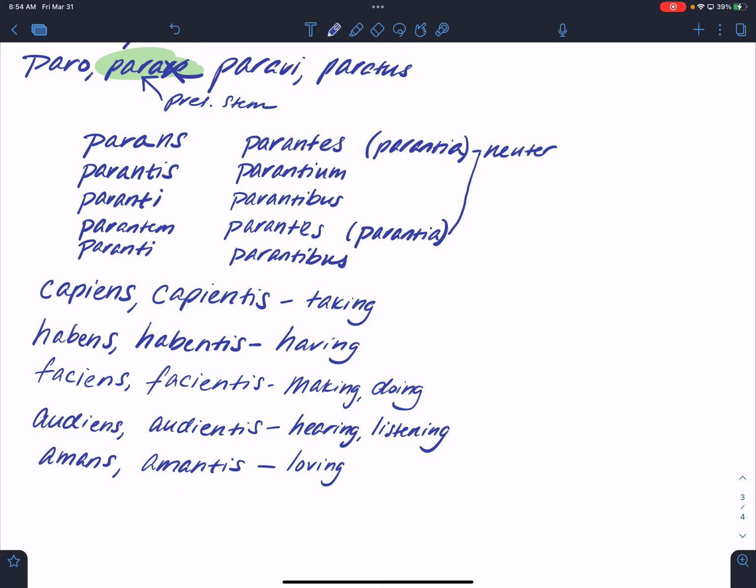Those are just examples of PAPs. Right, but if you were to fully flesh them out, you would do so like a third declension adjective. So PAPs are always third declension. Yep, and that's the only one that's gonna have third declension-ish endings. All the rest are first and second declension endings, which is a little bit more helpful, or at least a little easier to deal with.